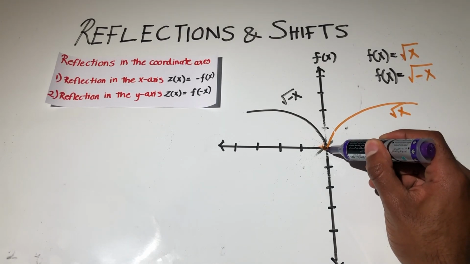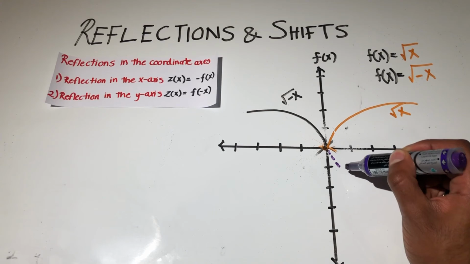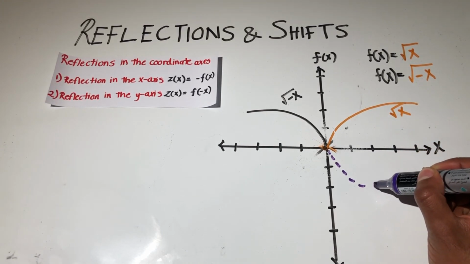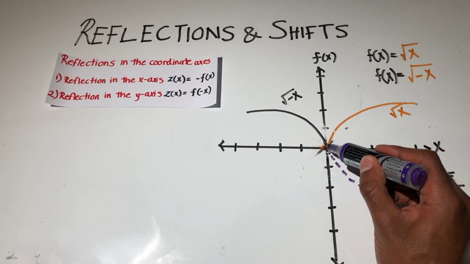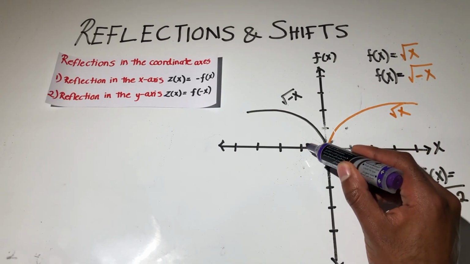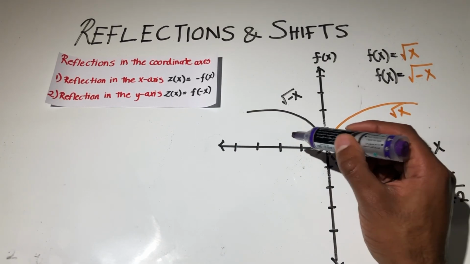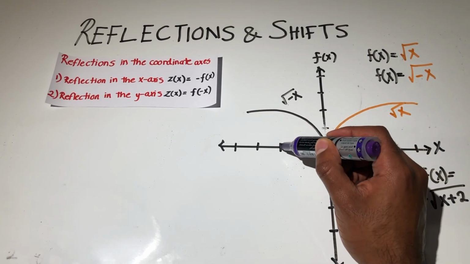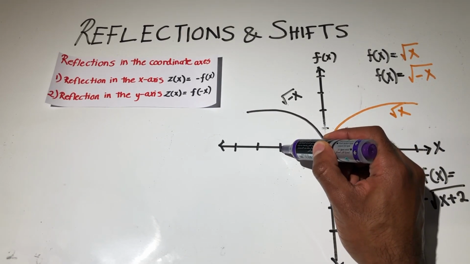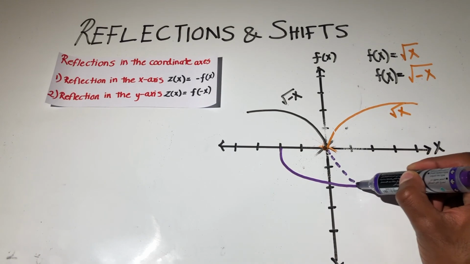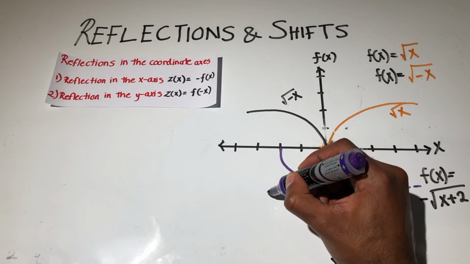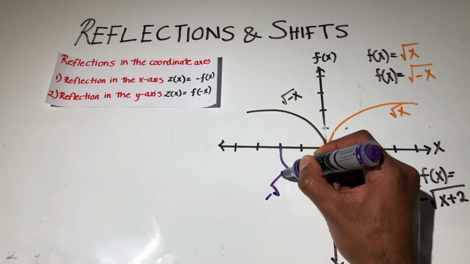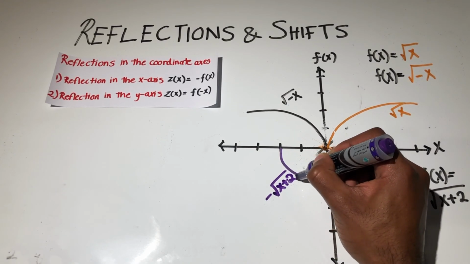So it's going to be something like this. And then 2 units to the left. So I'm going to move 1 unit and 2 units. So eventually the graph is going to end up being something like this. And this is negative radical x plus 2.